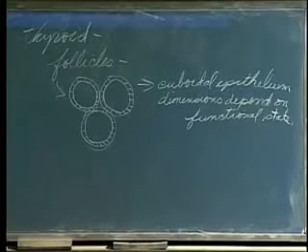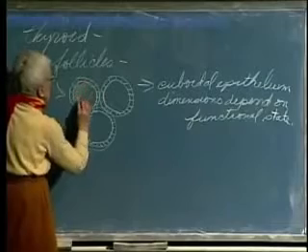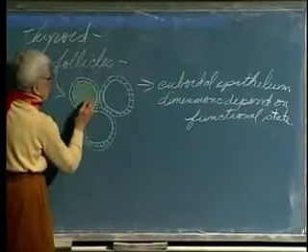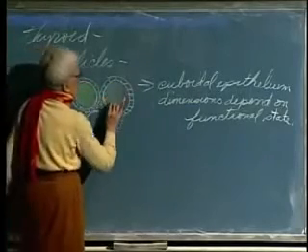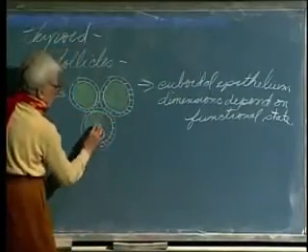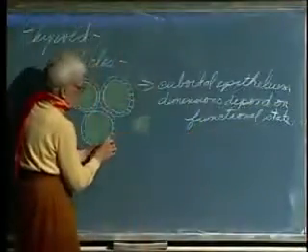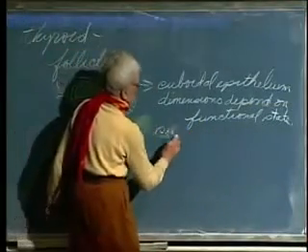Now, the follicles are filled with what is called a colloid, which is a gelatinous substance. So the green is colloid.